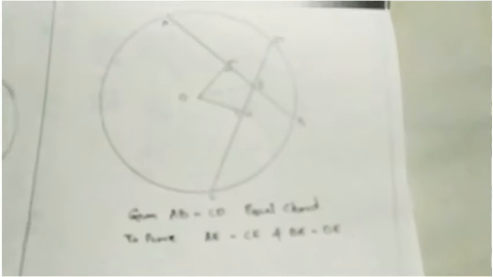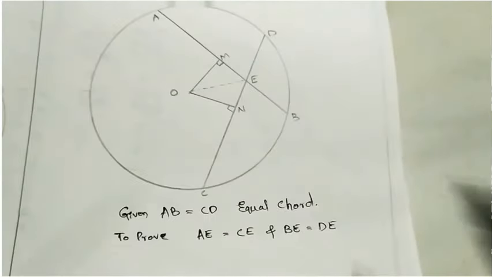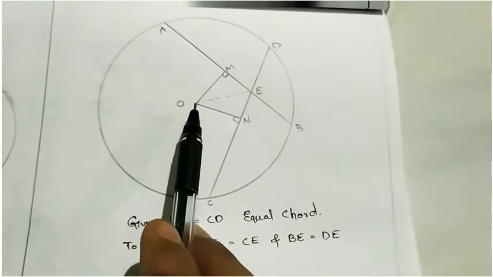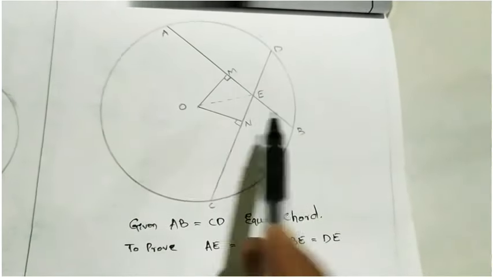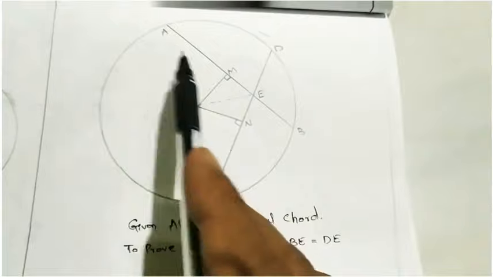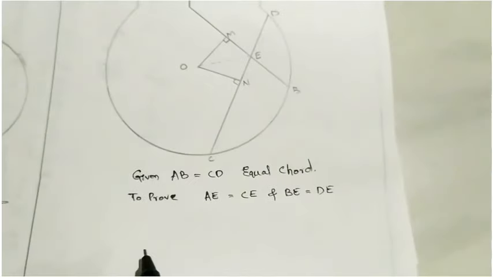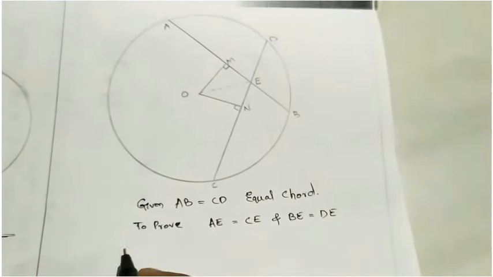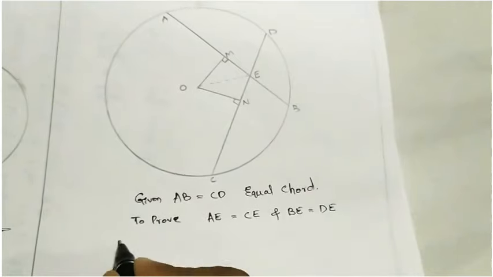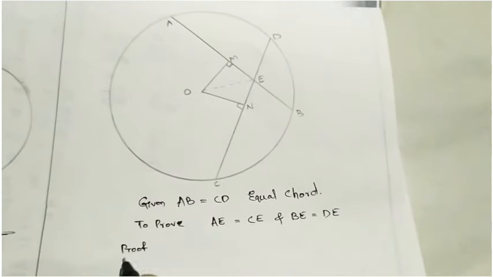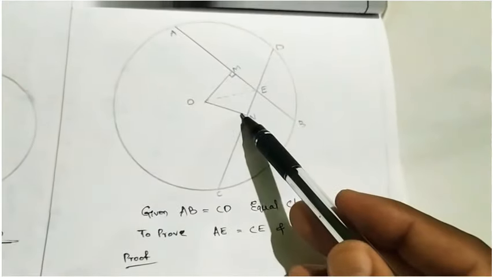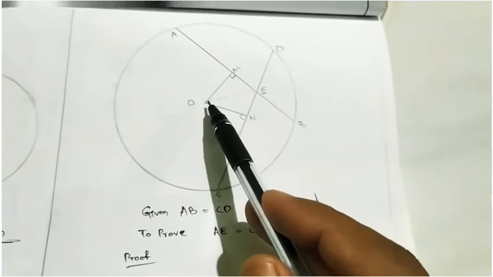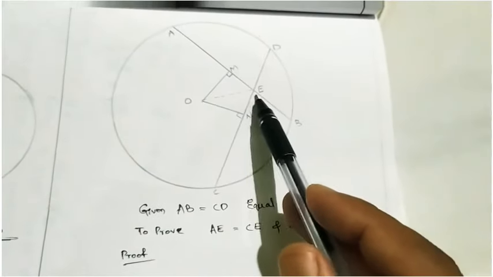For this, do one construction: draw ON perpendicular to CD, OM perpendicular to AB. After drawing the perpendiculars, perpendicular means they will make 90 degrees. So I will join OE also.